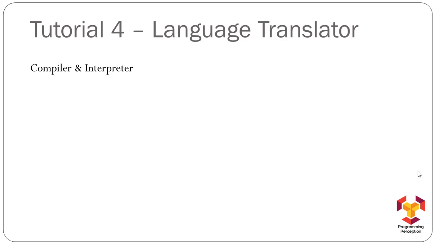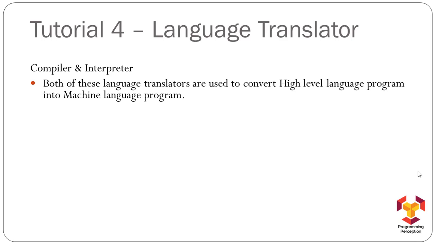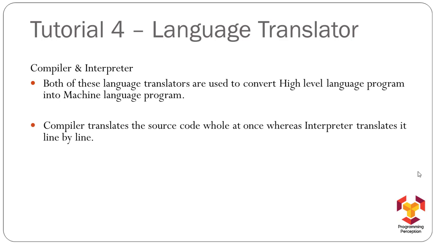There are quite a few similarities and dissimilarities between them. Well, I would say there are a lot more dissimilarities than similarities. Both of these language translators are used to convert a high-level language program into a machine language program, and definitely that's a similarity.